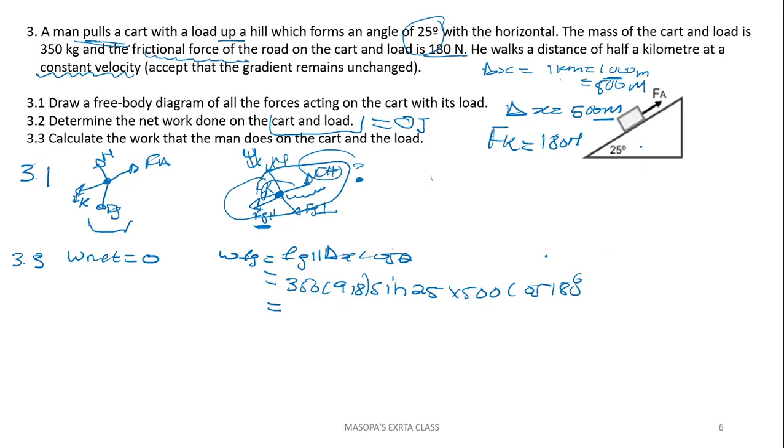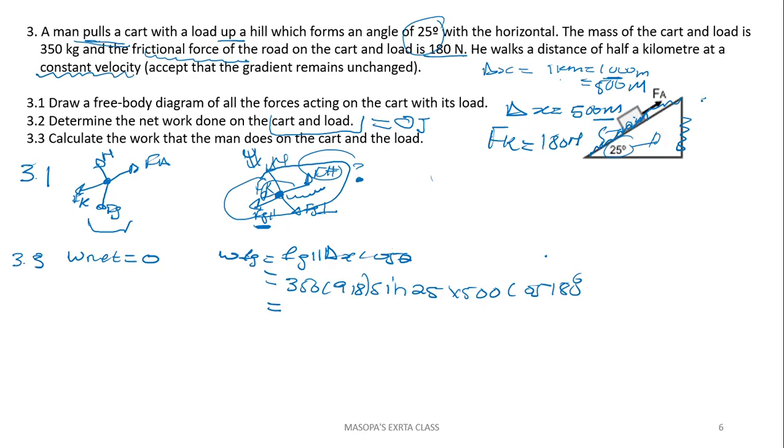When you look here in the graph, you can see that this side is your 500 meters, or your displacement. If you're using another way to get the work done by Fg, we have the hypotenuse, and this angle is opposite to this side, so you can use sine.